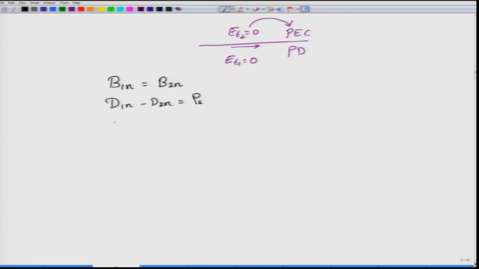I have not done so. There is a tangential magnetic field condition which says that the difference in the tangential field components from medium 1 and medium 2 should be equal to the surface current sheet. So, this is the surface current sheet and this is the surface charge density.